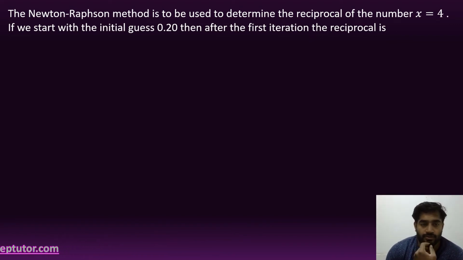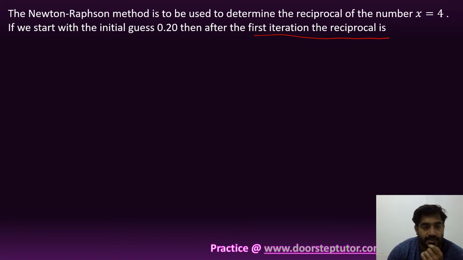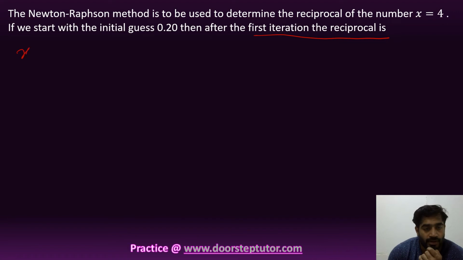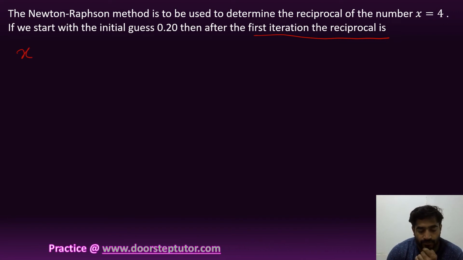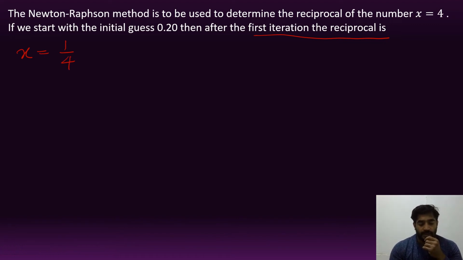But in the last line, we have to find the first iteration of reciprocal. First iteration of reciprocal means x is equal to 1 by 4, the inverse of 4, the reciprocal of 4.